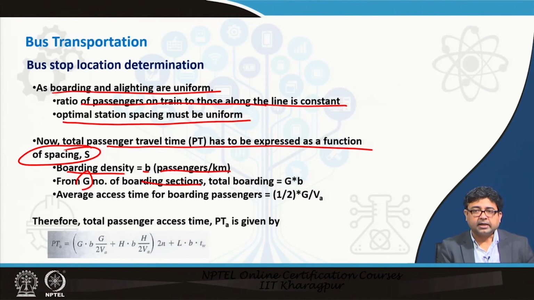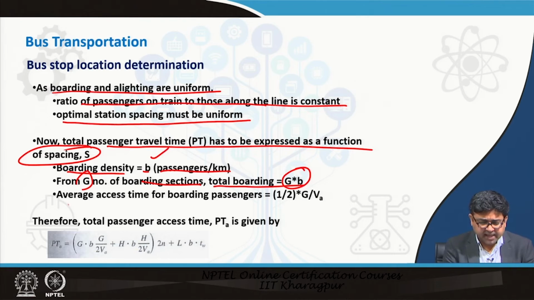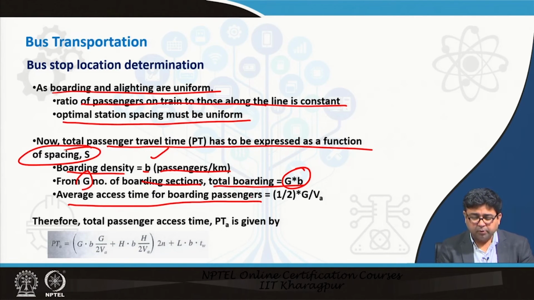So, consider there are G number of such boarding sections. Total boarding would be G times B, and the average access time for the boarding of passengers, we already know G by V A. It is an average, so we just divide by 2, G by V A.